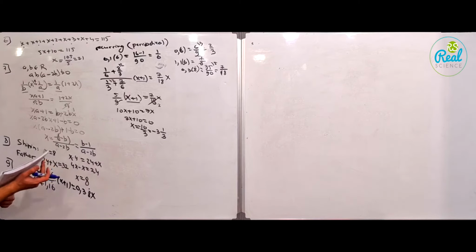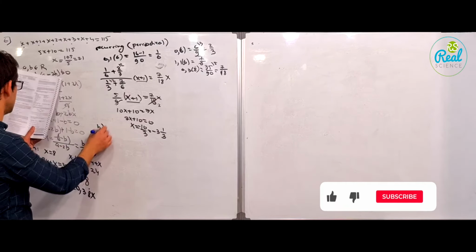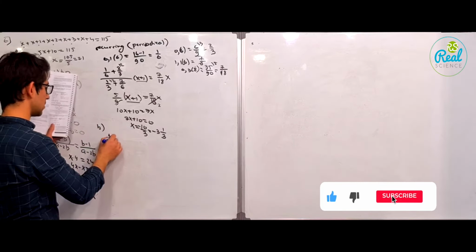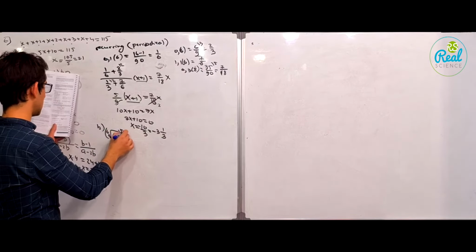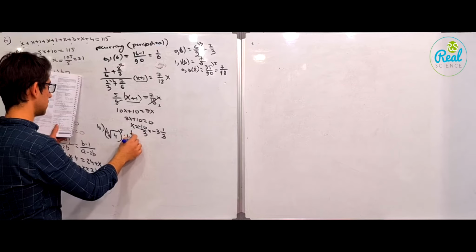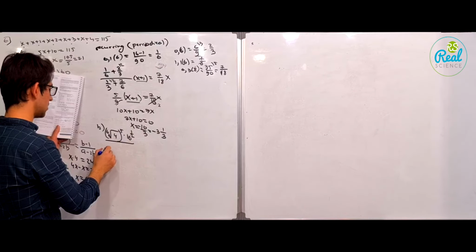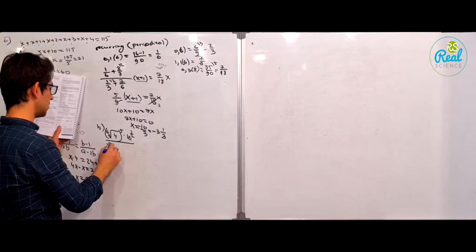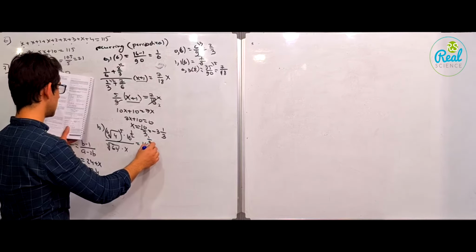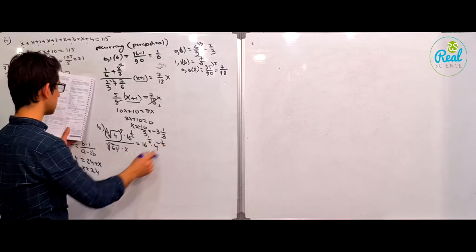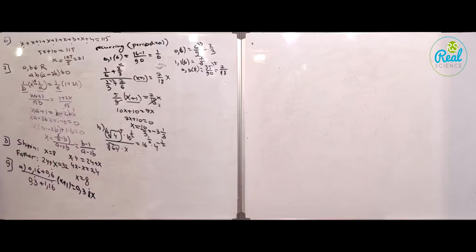The next problem: 6 to the power 4, to the power 5, and 16 to the power 1 over 2, divided by the cubic root of 64, multiplied by x equals 16 to the power of 1 over 6, 4 to the power of minus 1 over 2.